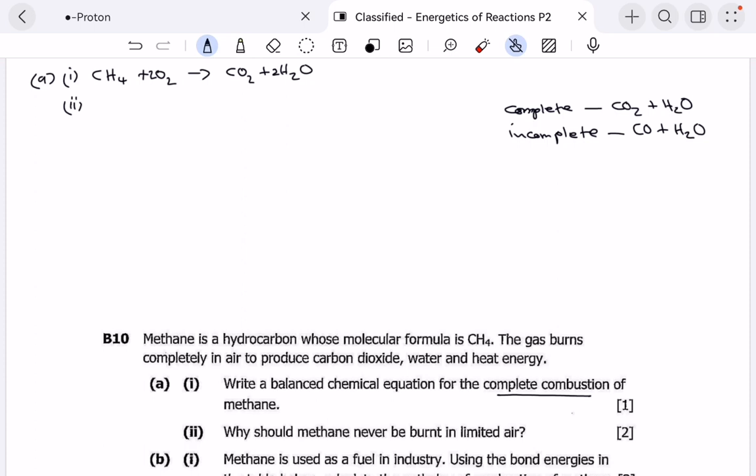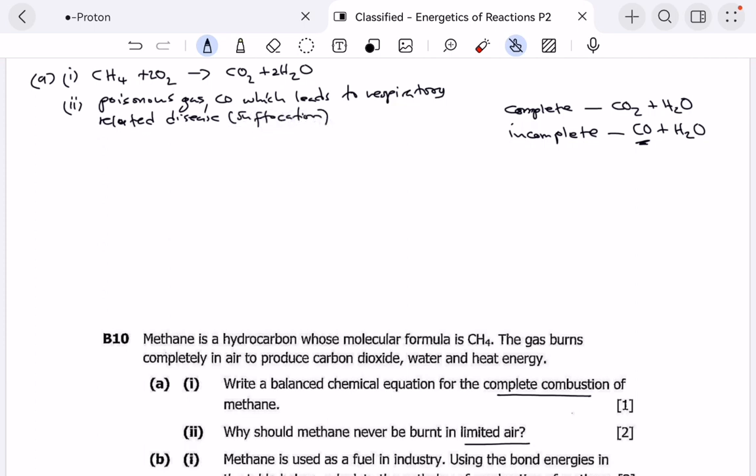Why should methane never be burnt in limited oxygen, in limited air? When it's burnt in limited air, it produces a poisonous gas, carbon monoxide, which leads to respiratory related diseases or suffocation.